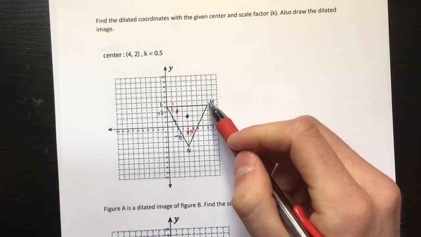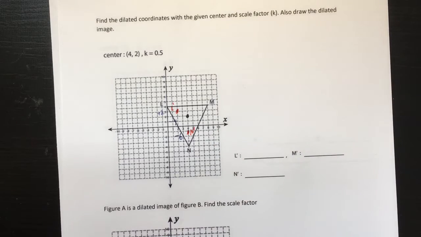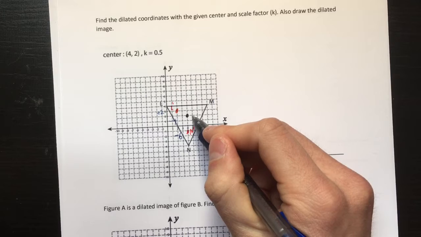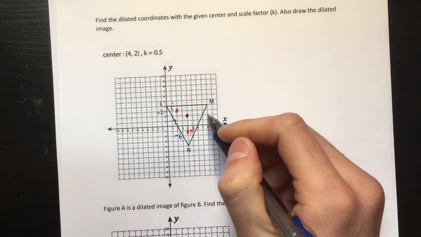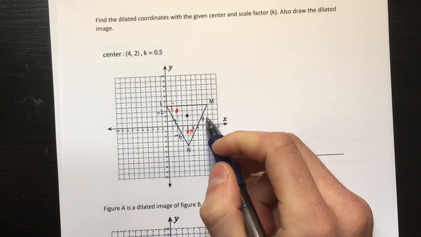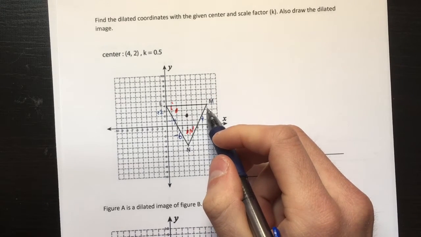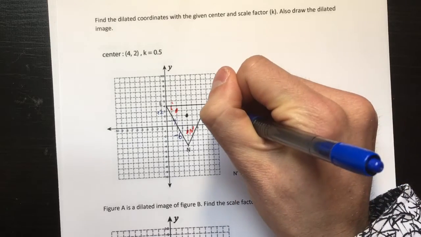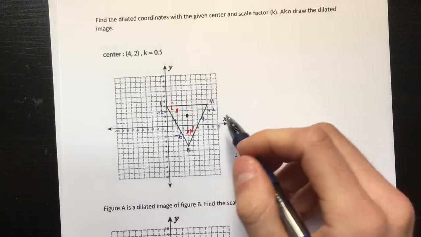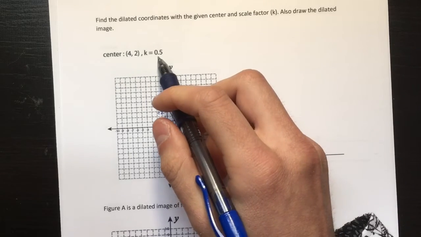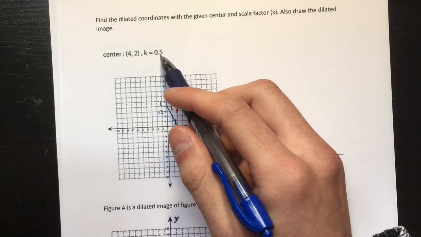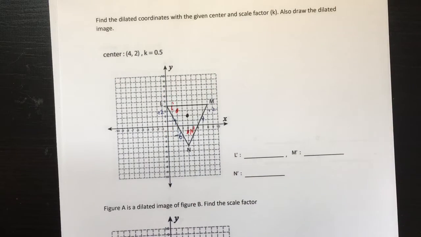And then for point M, it's a similar idea. We see that from our center to point M, we're going to go +1, +2, +3, +4. We're going to go +4 in the horizontal direction. And then we're going to go 1, 2, so +2 in the vertical direction from our center to point M. Well, 4 times our scale factor, 1/2, will just give us 2. 2 times our scale factor, 1/2, will just give us 1.